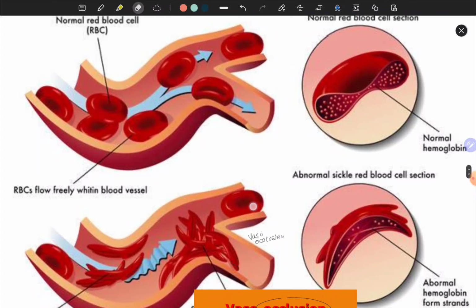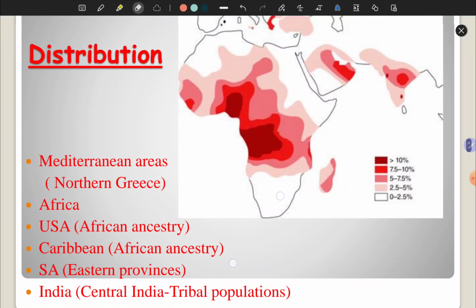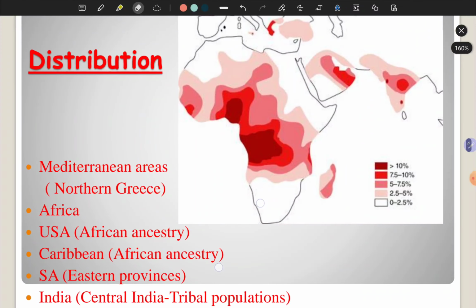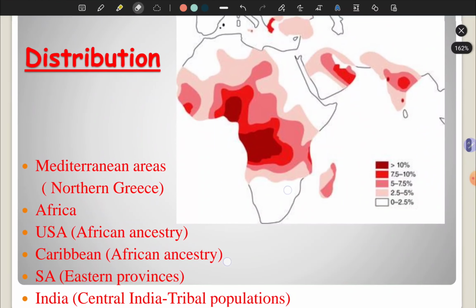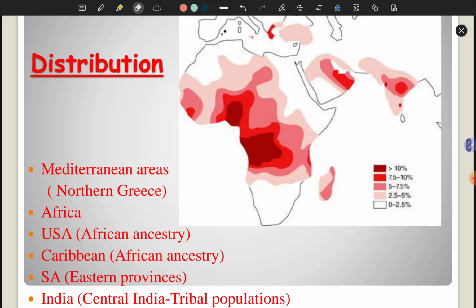If we go back to the distribution, it's a disease of the black population. It means it's common in, for example, Africa, where the prevalence is more than 10%, especially the southern part of Africa, and also in the Mediterranean, the United States, and the Caribbean, but only with African ancestry.